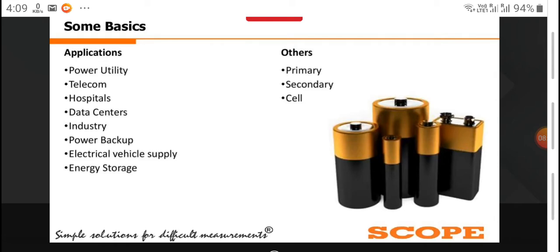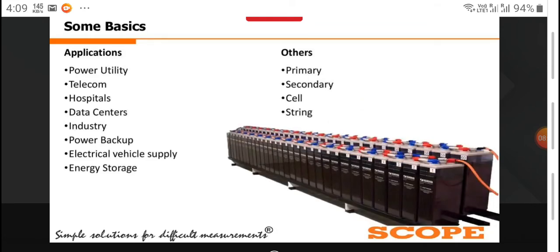Now, what is a cell? As I have explained earlier in the slide, a cell is nothing but the unit which has the positive and the negative electrode, and in between them the electrolyte is there. This is a cell, and whenever we connect a number of cells in series, we get the battery string.